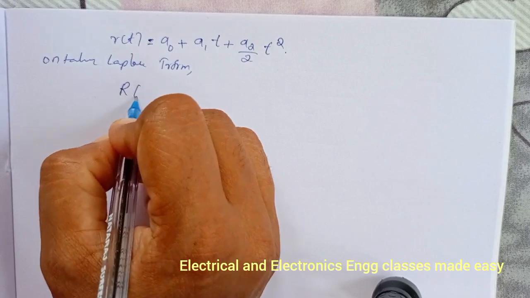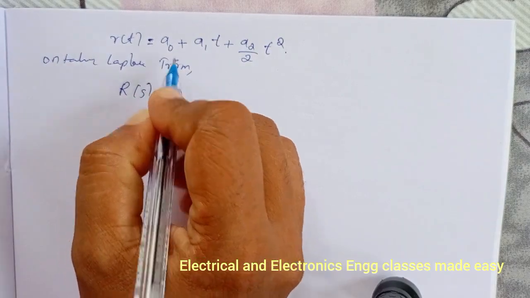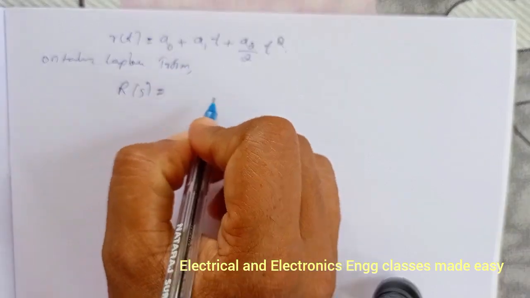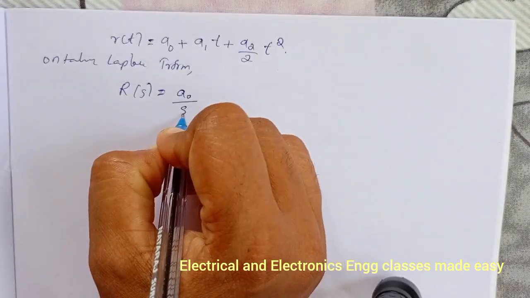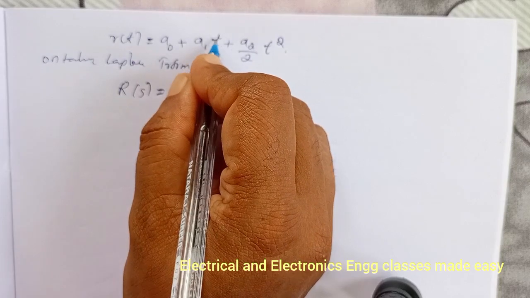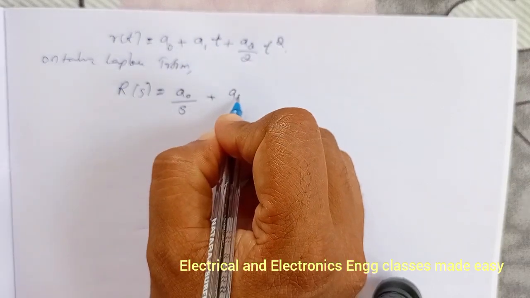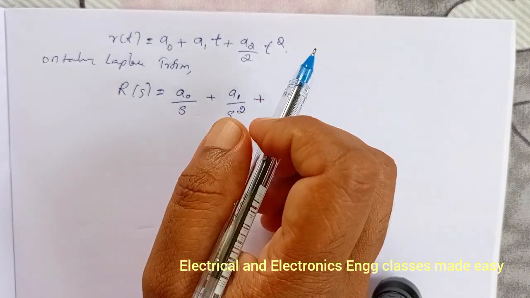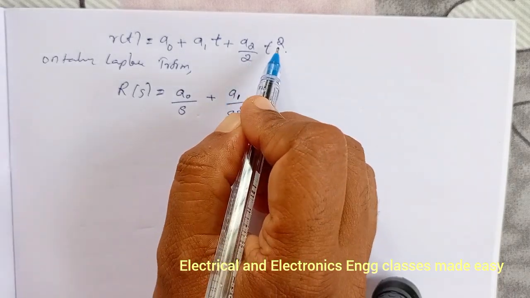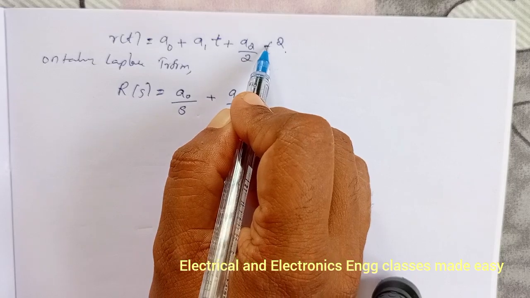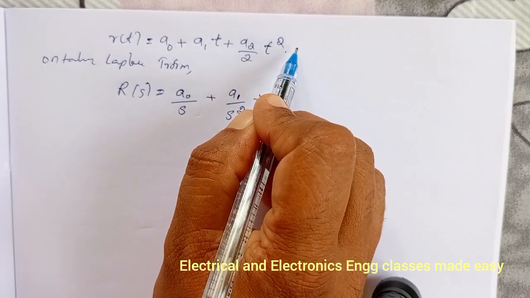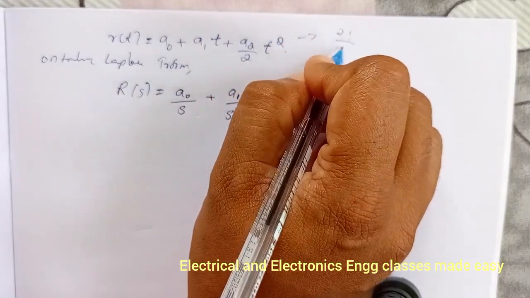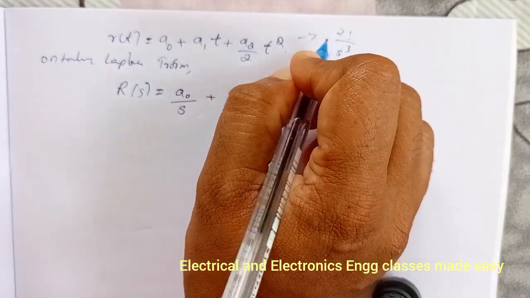We get R(s) equal to the Laplace transform of 1 is 1 divided by s, that is a0 by s, plus for t it is 1 by s², that is a1 divided by s², then plus a2 by 2 t². For t² it is 2 factorial divided by s³.